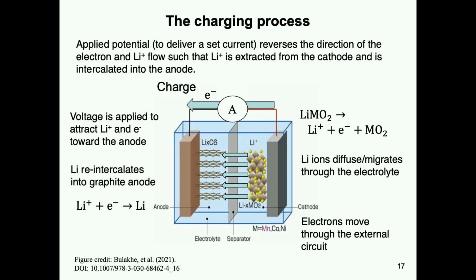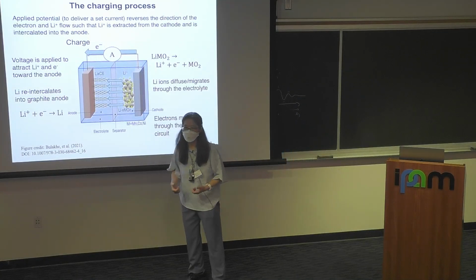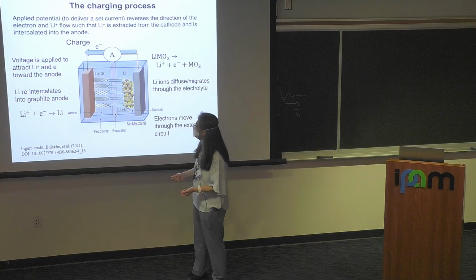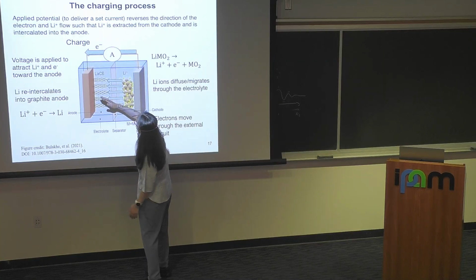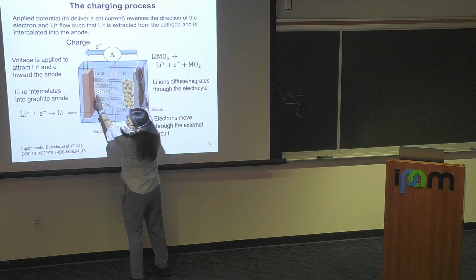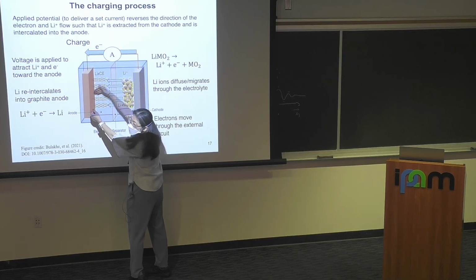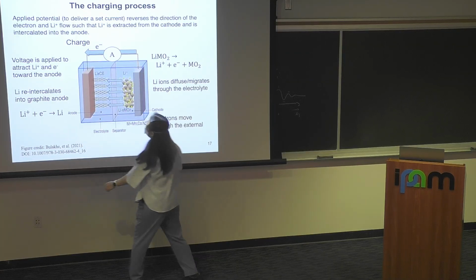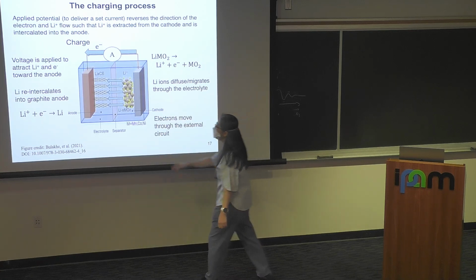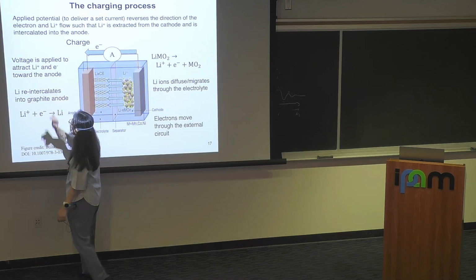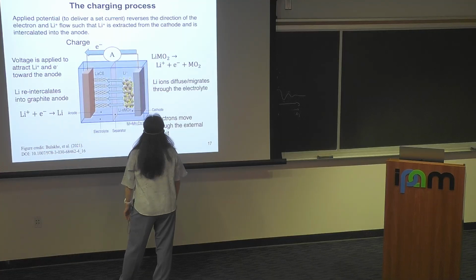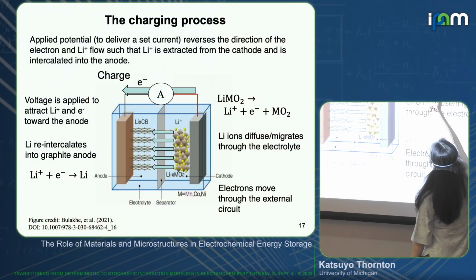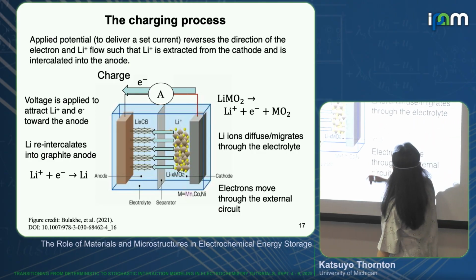Now the charging process: you have to reverse this process. Lithium is happy over here, so you have to make it unhappy. You use the electrostatic potential to raise it, tilting it up over here so that it can roll this way. Voltage is applied to attract lithium and electrons towards the anode, causing the reverse reaction.